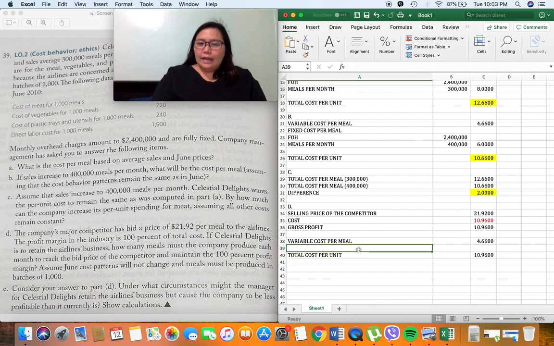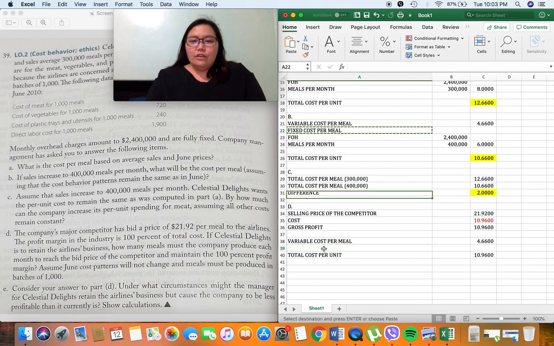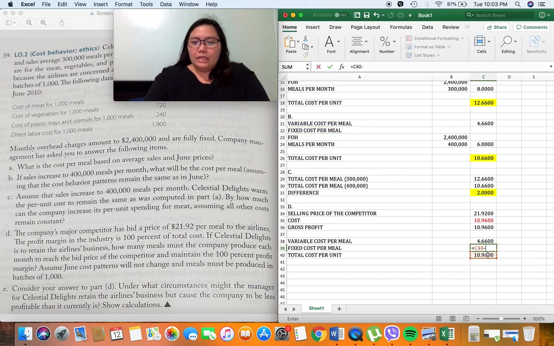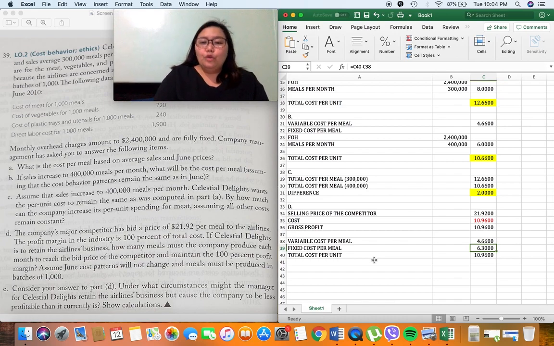Ang nawawala na lang is the fixed cost per meal natin. So, we will compute for the fixed cost per meal by getting the difference between the total cost per meal and the variable cost per meal. So, yun yung difference natin, 6.3 per unit. Dapat yan po yung fixed cost natin per meal.